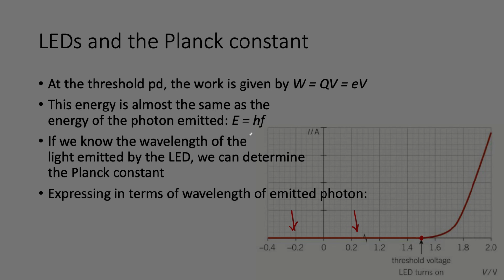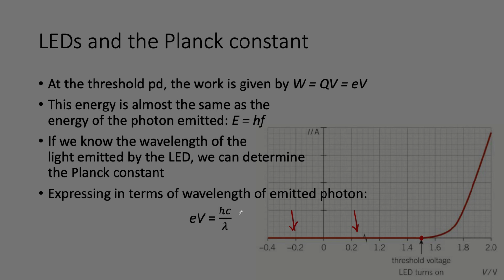If we express that in terms of wavelength of the emitted photon instead of frequency, we get eV equals hc over lambda. So c is a constant, so we can use that to work out h.